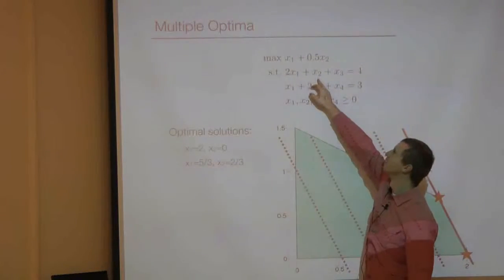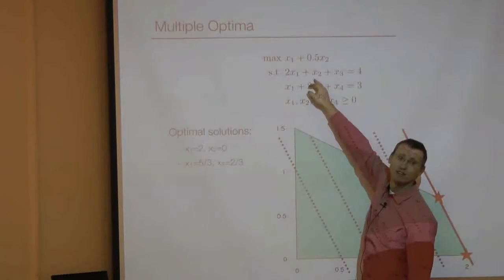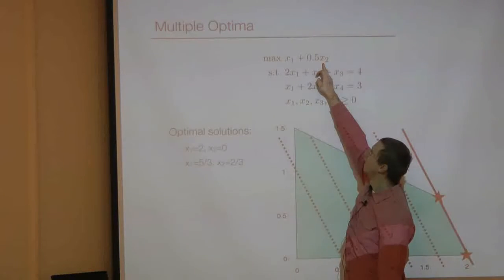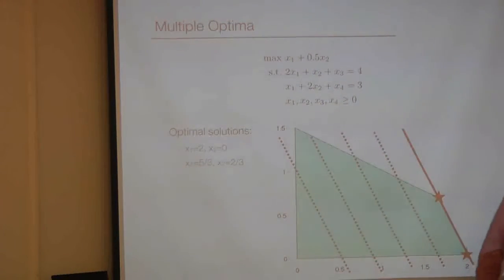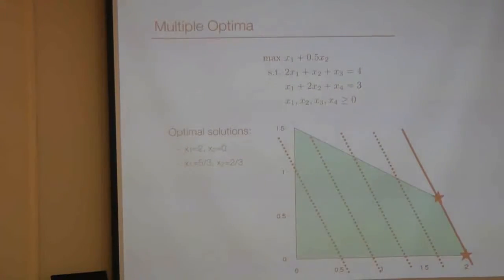No, it's this one. Okay. So just multiply this line by 2, and we will obtain exactly this constraint. Okay. So it says that the objective function was parallel to the constraint which is active at the optimum, and that's exactly the situation where multiplicity of optima occurs.